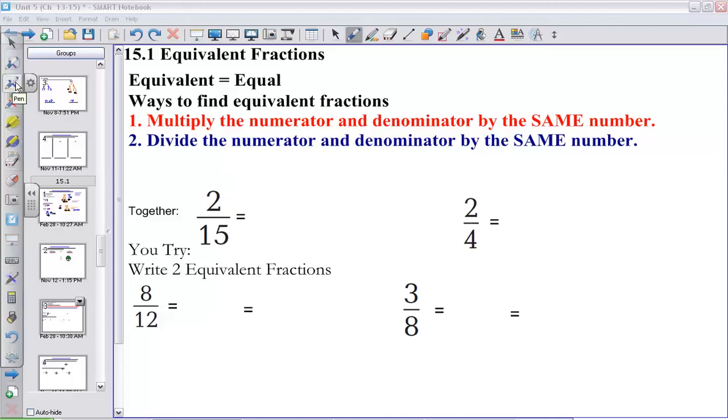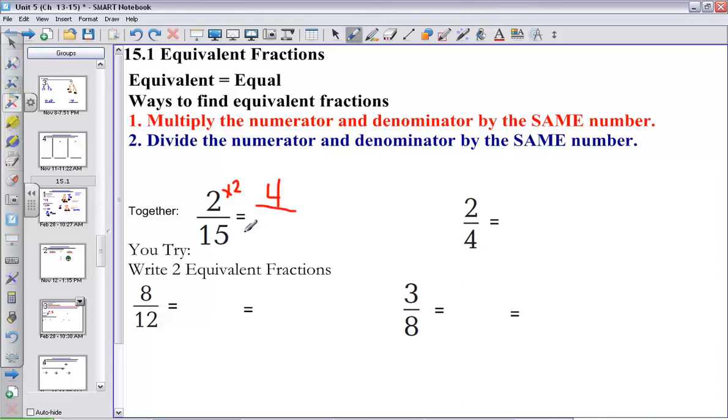Whatever I do to the top, I have to do to the bottom. An easy way would be to multiply by 2. If I multiply my numerator by 2, I end up with 4. And if I multiply my denominator by 2, I end up with 30. So 2/15 and 4/30 are equivalent.